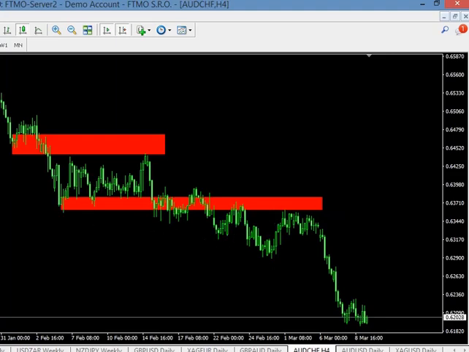This is the 4-hour, it broke again. And we are waiting for a retest to the downside. So this is the 4-hour chart.